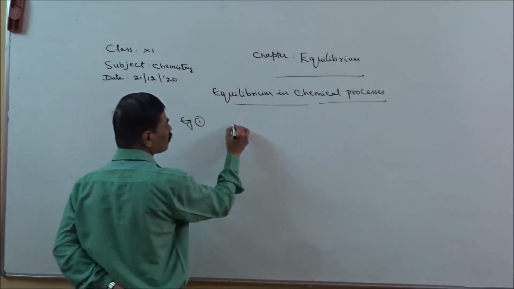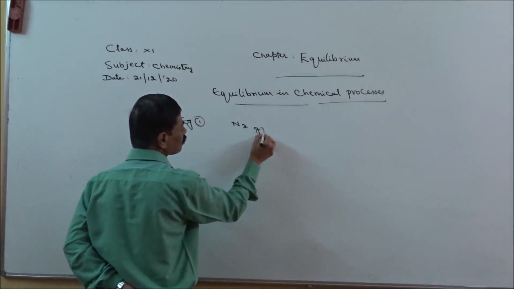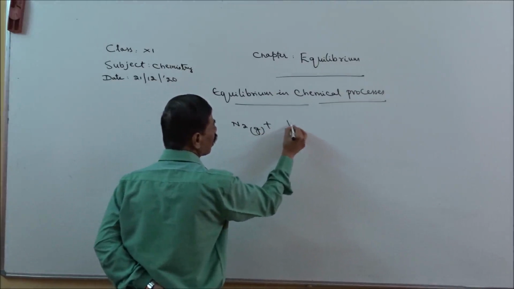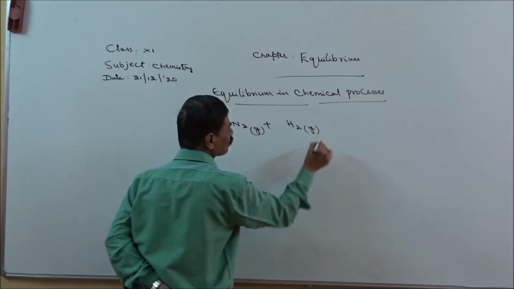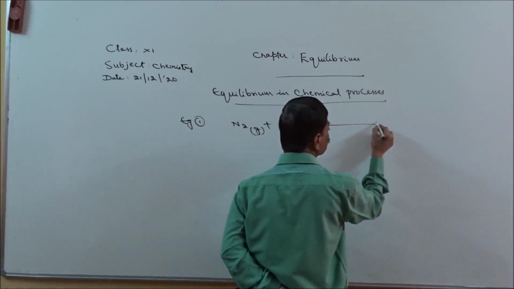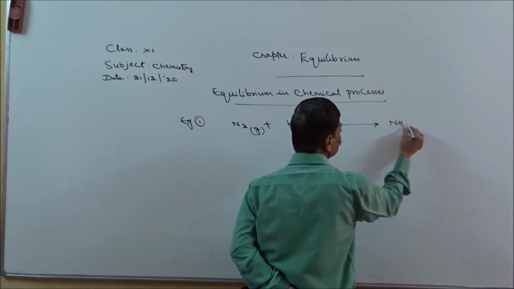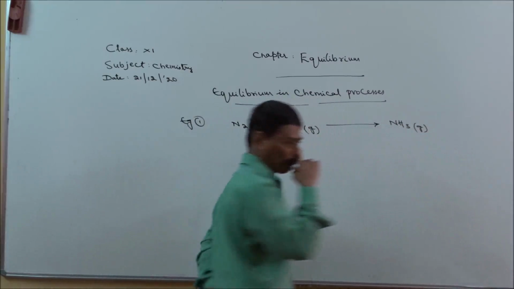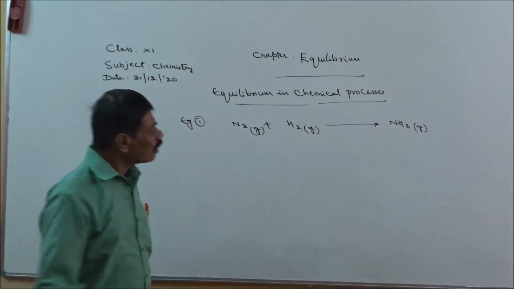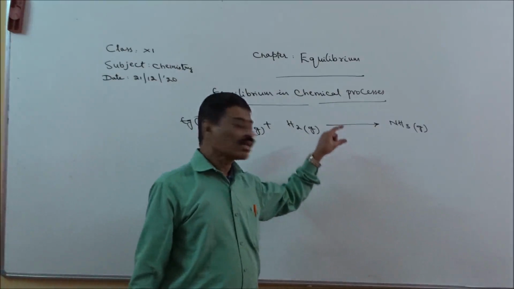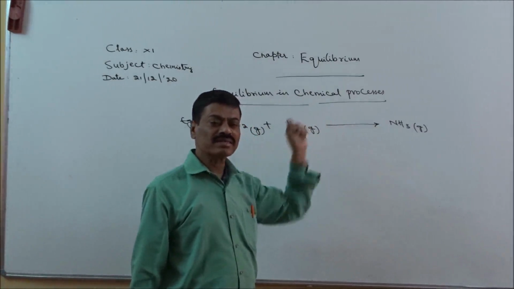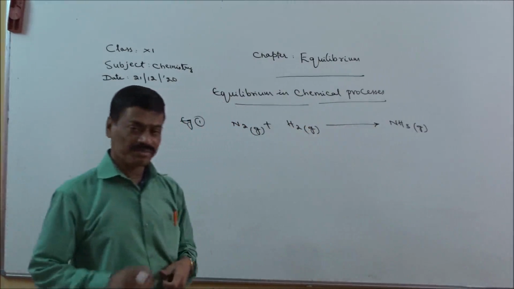Now let us see one example for this type of reaction. That is nitrogen when it reacts with hydrogen gas, it gives rise to ammonia gas. Here a particular catalyst, particular temperature, and pressure are all required.